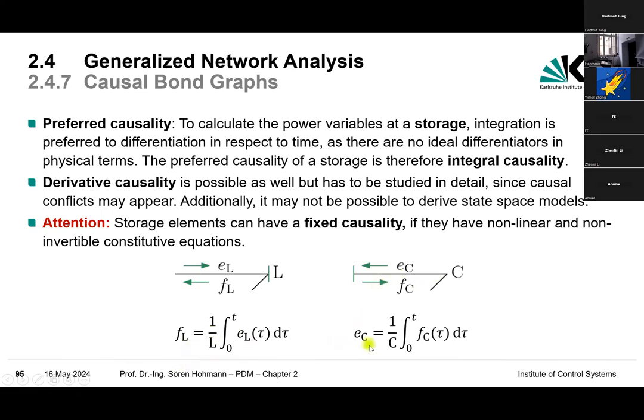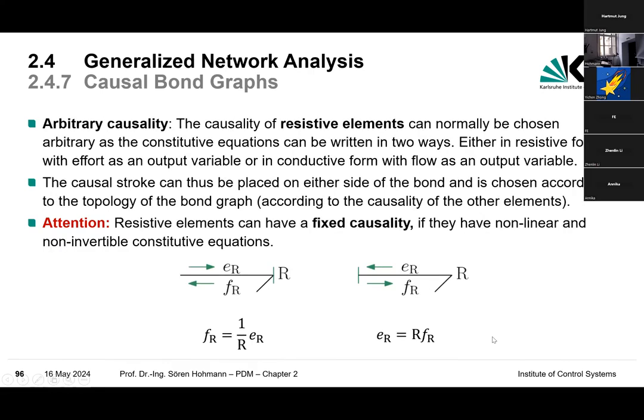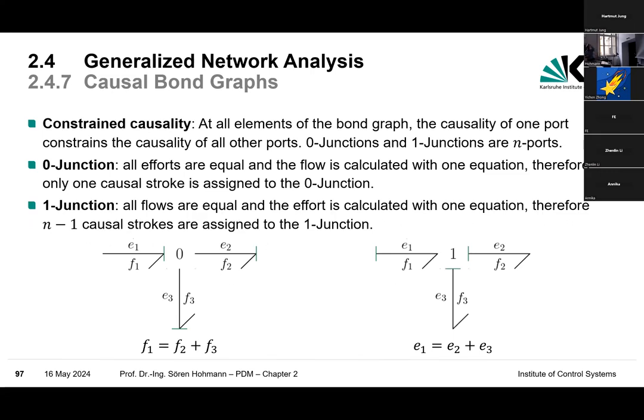And for the capacitor, we have to integrate the flow to get E_C. That's how the capacitance is defined. And last but not least, the arbitrary causality of resistive elements: if they are nonlinear, they have to be invertible.